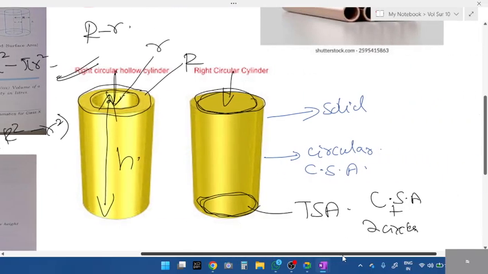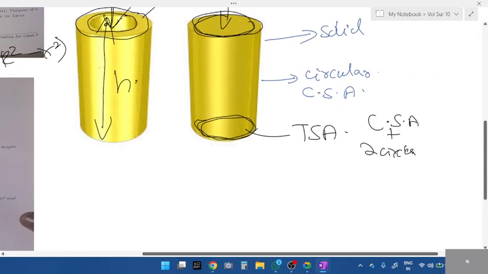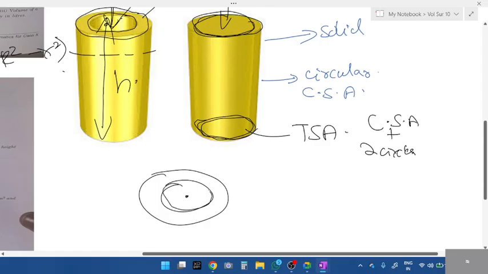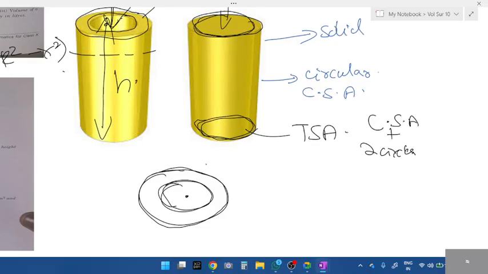Now I'll explain what is area of cross section. If I cut this cylinder, students, if I cut it like this and tilt it, if you break it into two parts, if you cut and tilt the cross section, you'll get it like this. From the top position, just imagine this piece. So the area of cross section is basically you cut one piece of it. I told you a cylinder is made up of many circles.